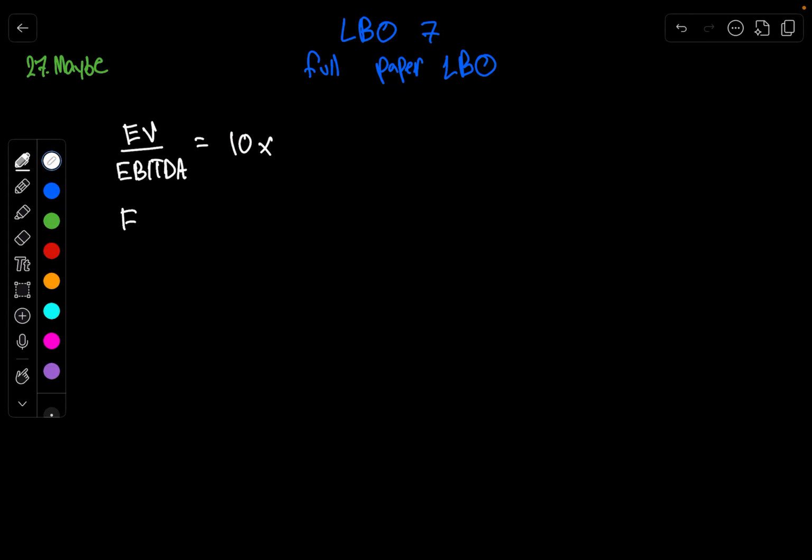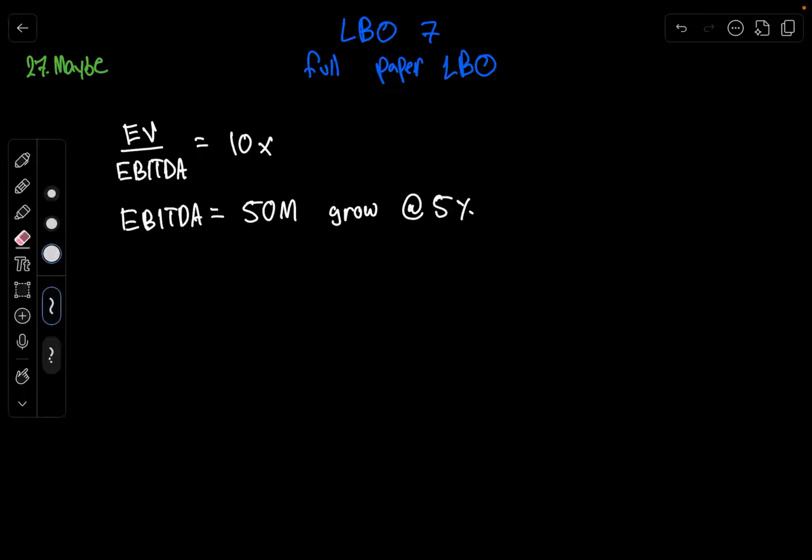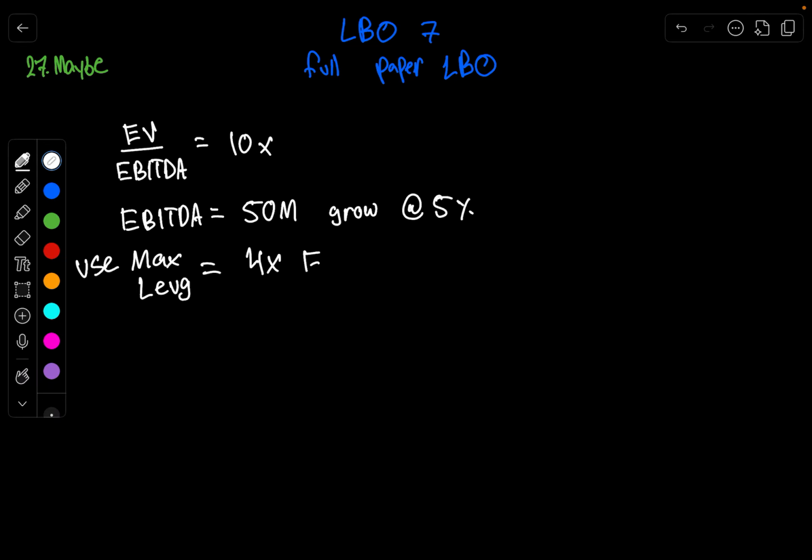And we know that EBITDA is 50 million, and it's going to grow at 5% year over year. We're also told that they will use the maximum leverage, and that is equivalent to 4 times EBITDA.